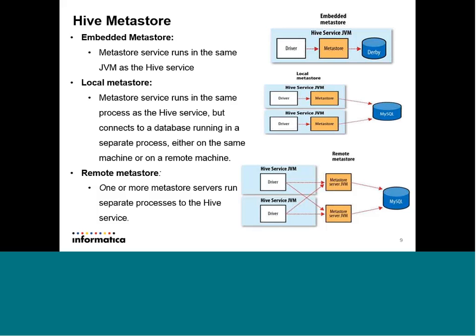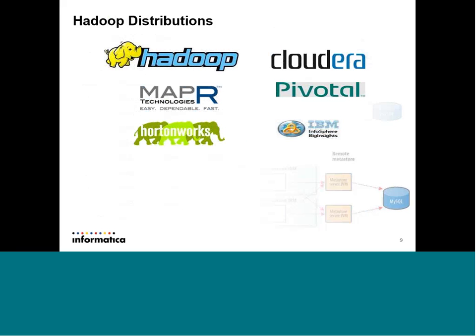However, local Metastore separates the database, meaning the Metastore service runs in the same process as the Hive service, but it connects to a database which is running as a separate process. And a remote Metastore is one where one or more Metastore servers run as separate processes, separated from the Hive service itself. One important thing to note here is Informatica does not support an embedded Metastore setup.